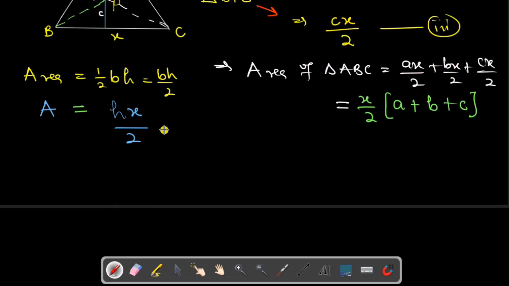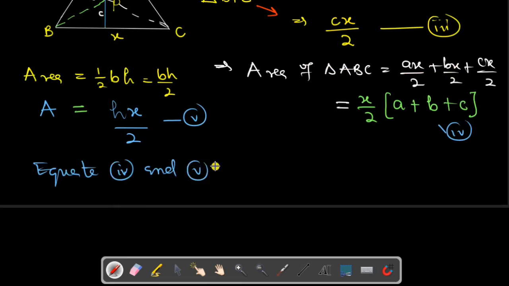If we call this equation 5 and the other equation 4, and equate 4 and 5, we get that hx over 2 will be equal to x over 2 into a plus b plus c.